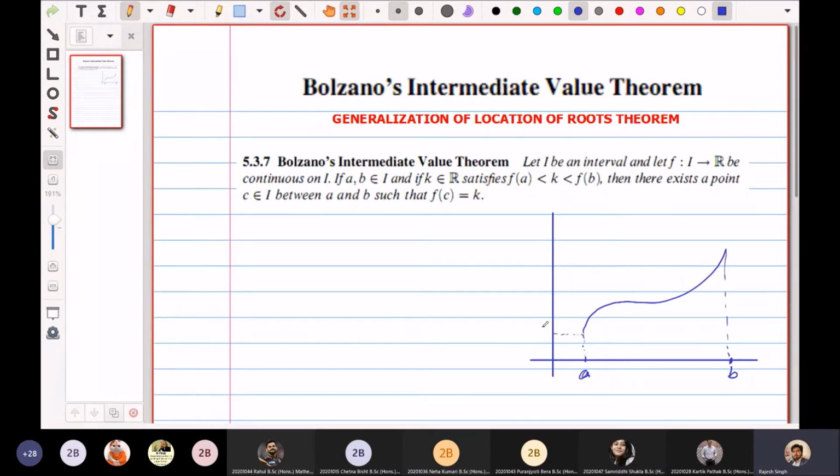This point is f(a), and this point is f(b).